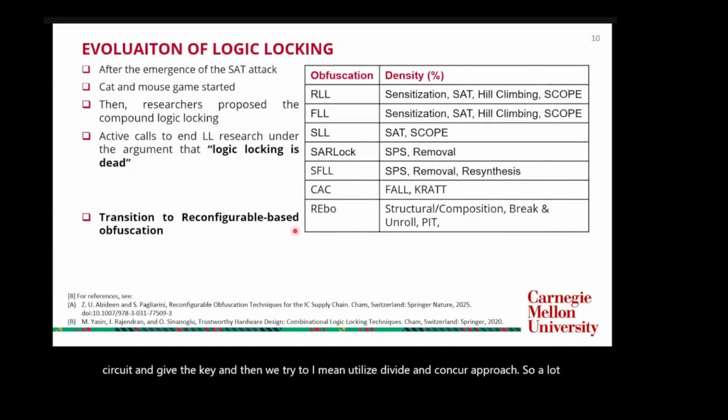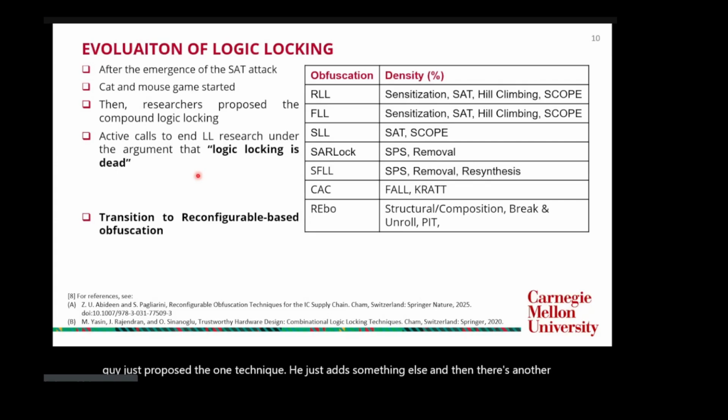This one is reconfigurable-based obfuscation, which we will discuss later. Until 2018-19, the community was really anxious to get rid of logic locking. One person would propose a technique, add something else, and then there was another attack. What is this cat and mouse game?